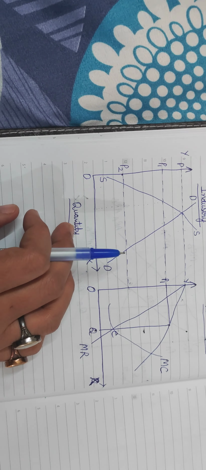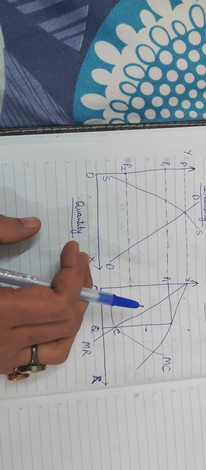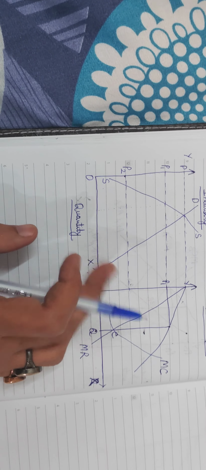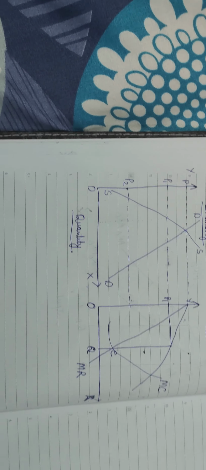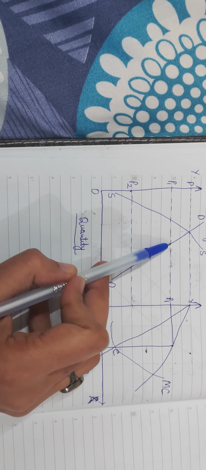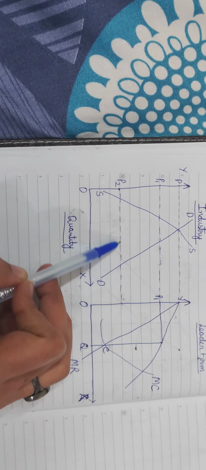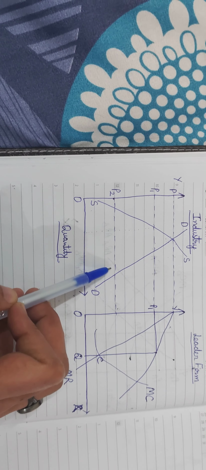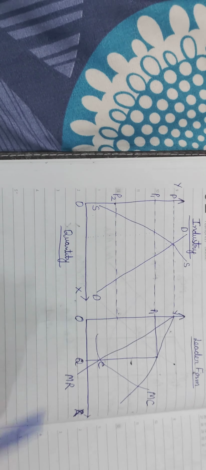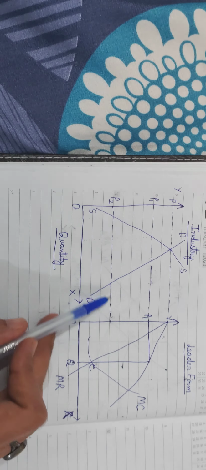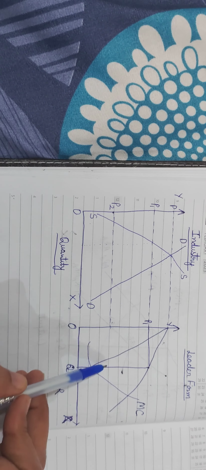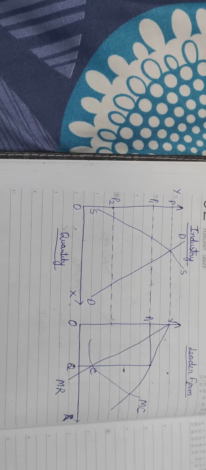But the demand is too high at these prices. Now the gap has widened further. See, here the gap was a bit smaller, now it has widened further. So again we will put a point here.